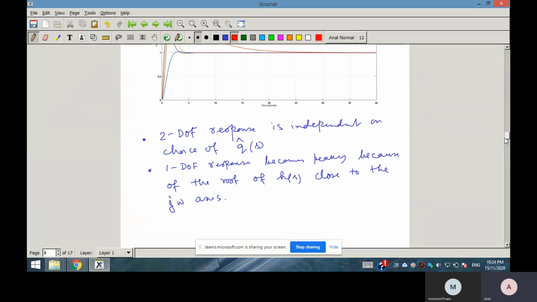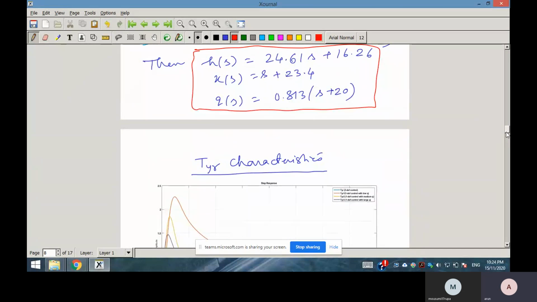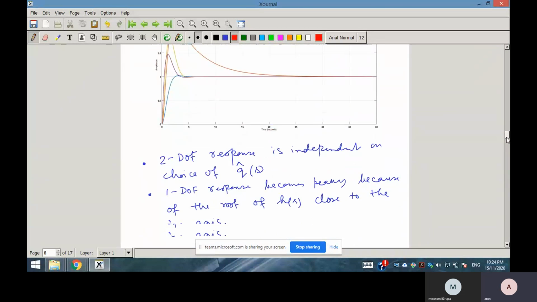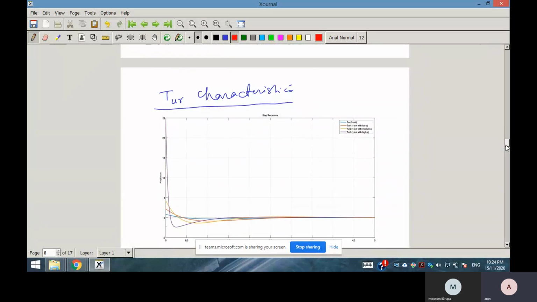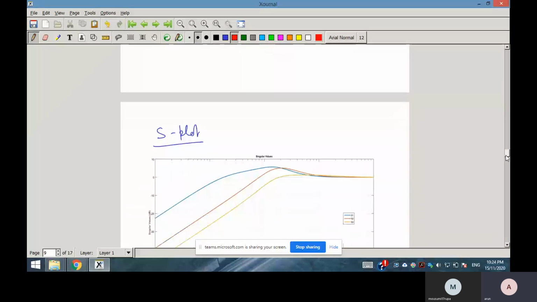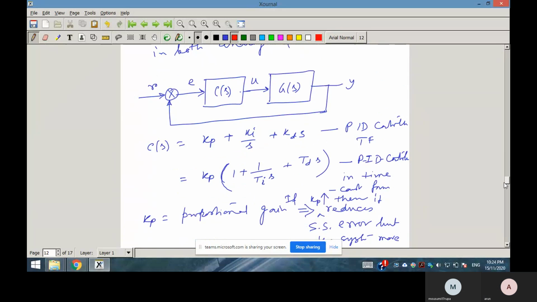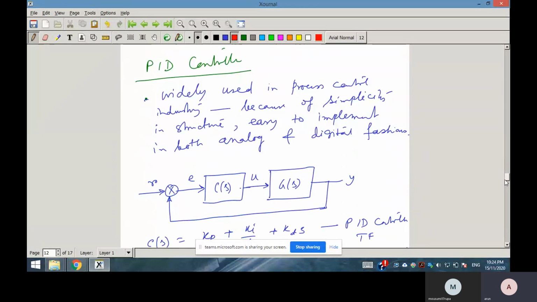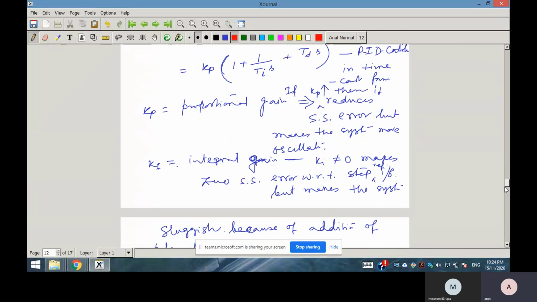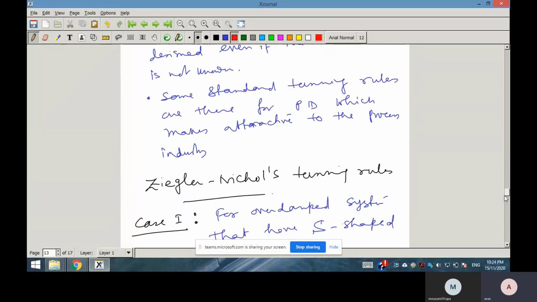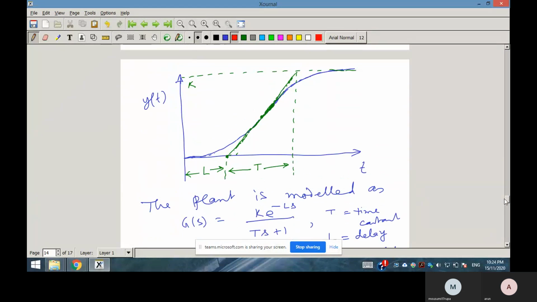So the choice of Q hat will play an important role in the design of the 2 degree of freedom controller that I have explained using these figures. The PID controller, after all, is a very simple controller, but the design is not. Although I have shown the Ziegler-Nichols tuning rules here, it is just an initial guess for designing a PID controller if it is a stable system.